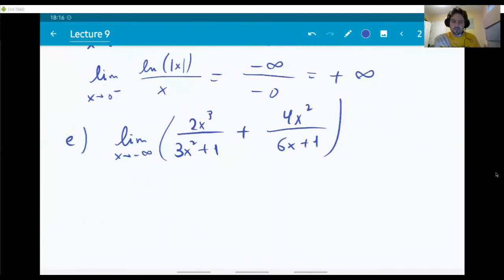This is a limit of a sum. We know that the limit of a sum is equal to the sum of the limits as long as that gives you a well-defined expression. And this is actually going to be the case in here.